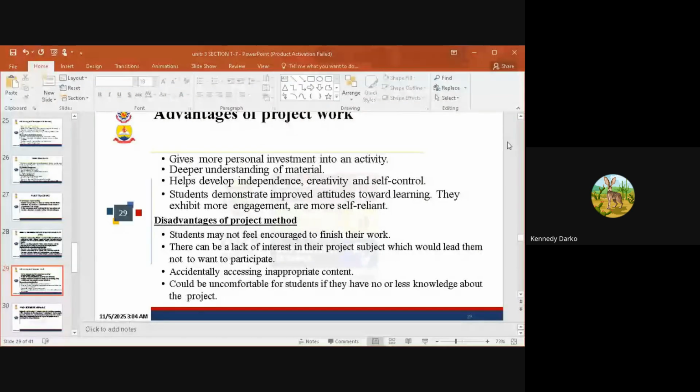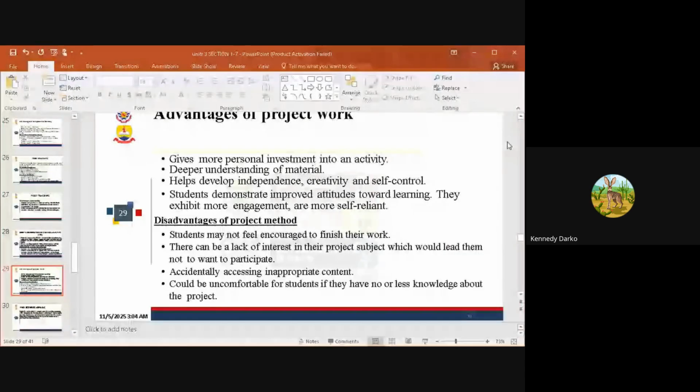They also exhibit more engagement and are more self-reliant. Once I'm able to do this myself through a project work, anytime they give me something like that, I'll be able to do it. So I have always told myself and also gingered myself in a positive way to be able to do things for myself.